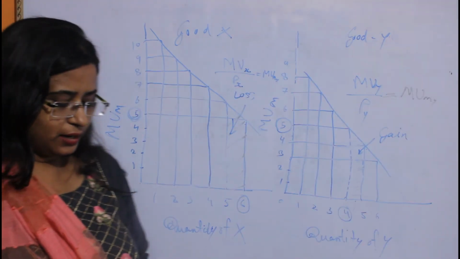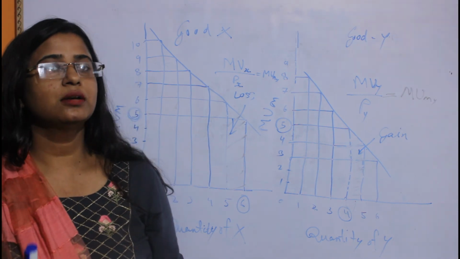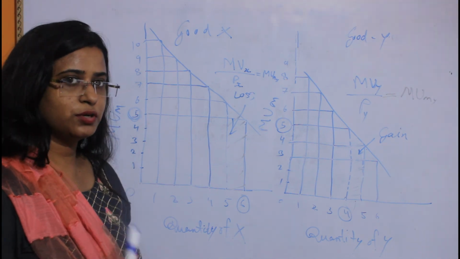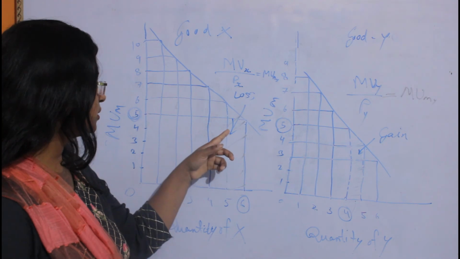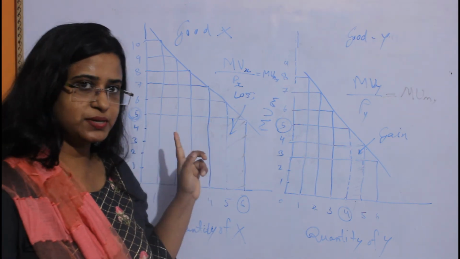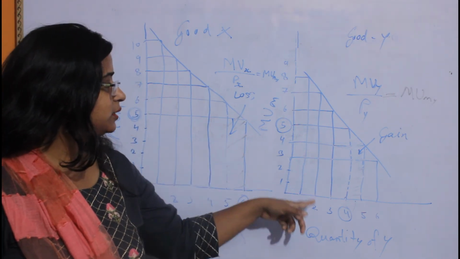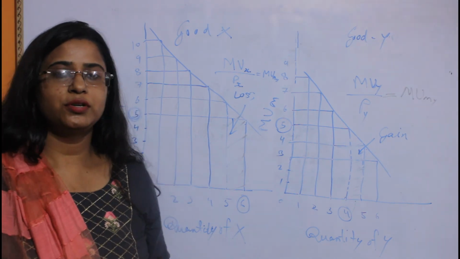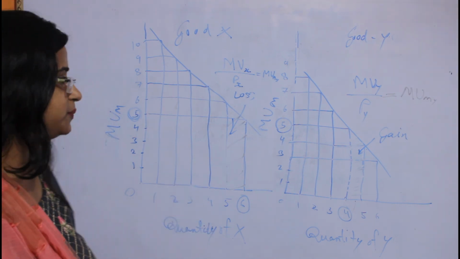We can recall that the consumer is in equilibrium where he is consuming 6 units of X and 4 units of Y. The 6th unit is giving him 5 units of marginal utility of the last rupee spent on commodity X, and the fourth unit of Y is also giving 5 units of marginal utility of the money, or the last rupee spent.